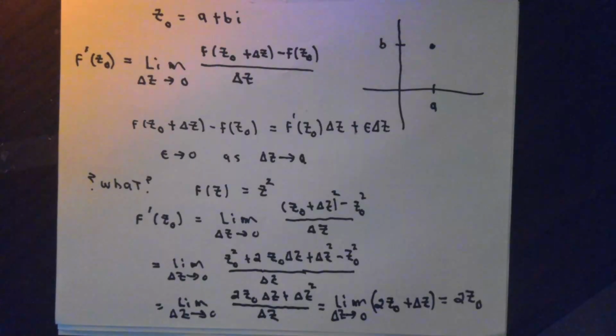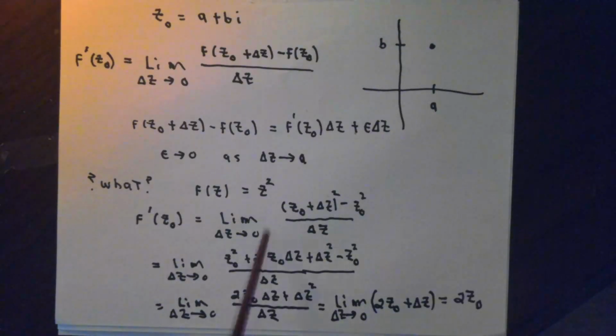If I have a function of a complex variable, z, and that function is f of z equals z squared, which would be a plus bi multiplied by itself, then every step that you did back in first semester to find the derivative of x squared is still valid in the new context.